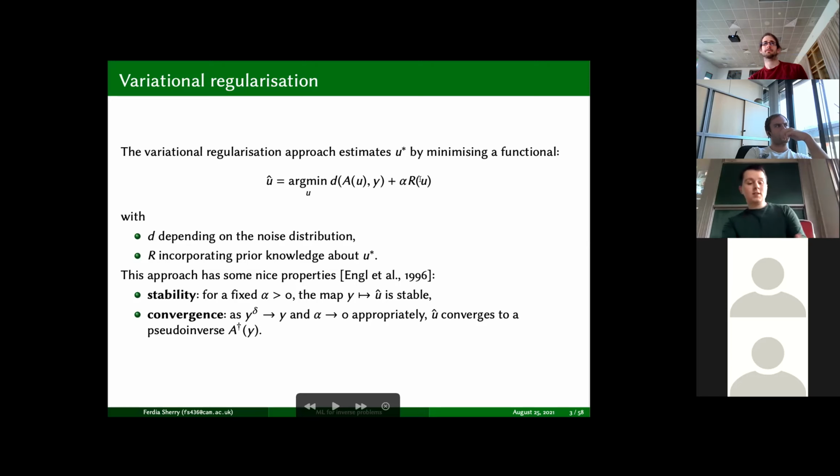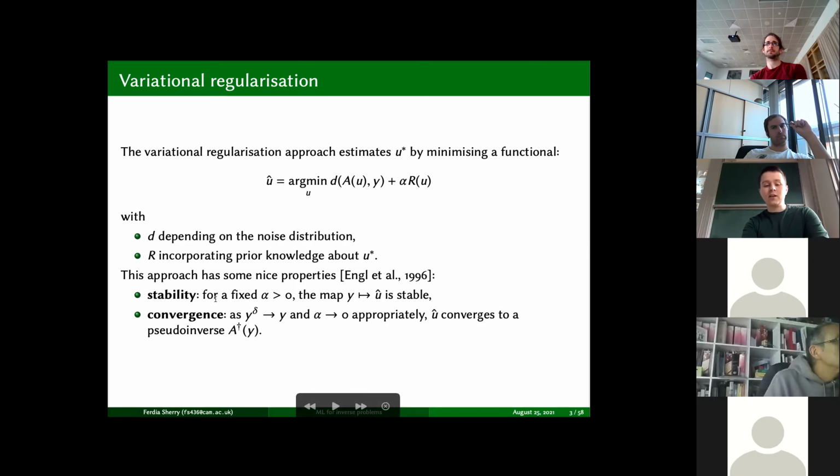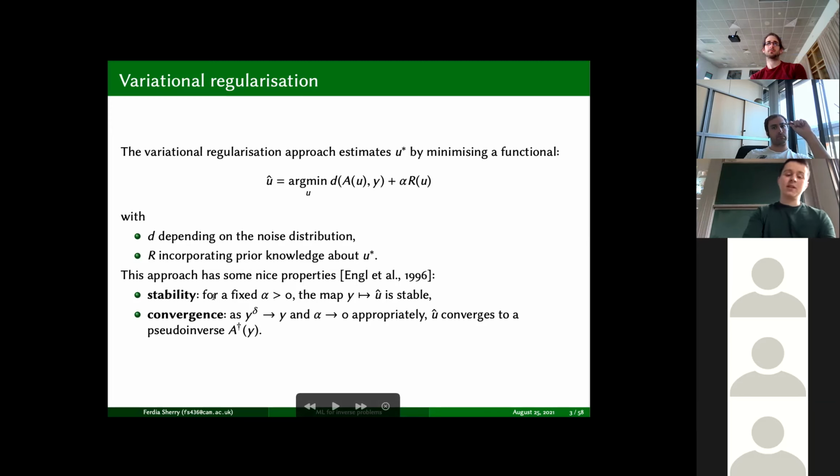So this approach is nice for a number of reasons. Two very nice properties are that generically we have a stability result, in that if you fix this regularization parameter, your reconstruction is going to be continuous, and you have a notion of convergence.